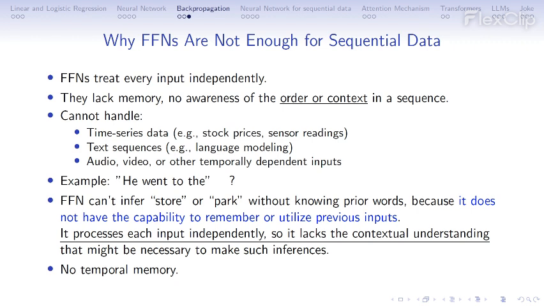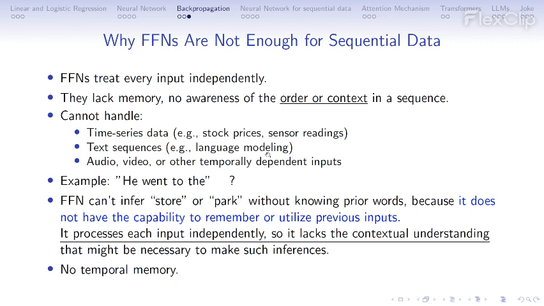So they lack memory. We have to have some sort of memory to model such kind of sequential events, right? So no awareness of the order or context in a sequence. So they cannot handle time series data, they cannot handle text sequence, audio, video.